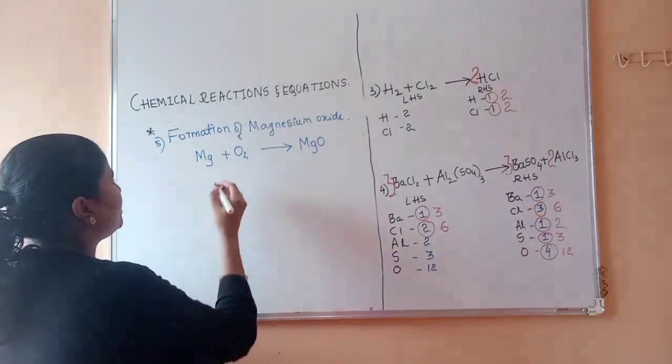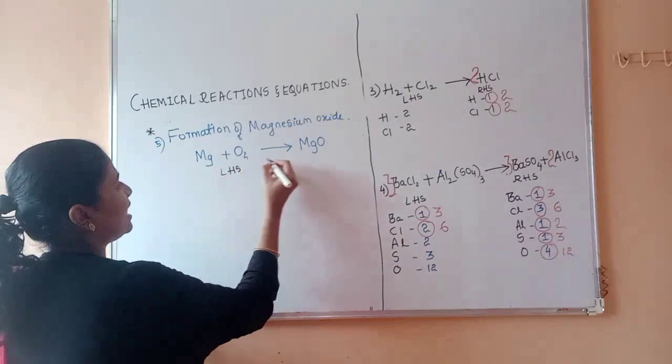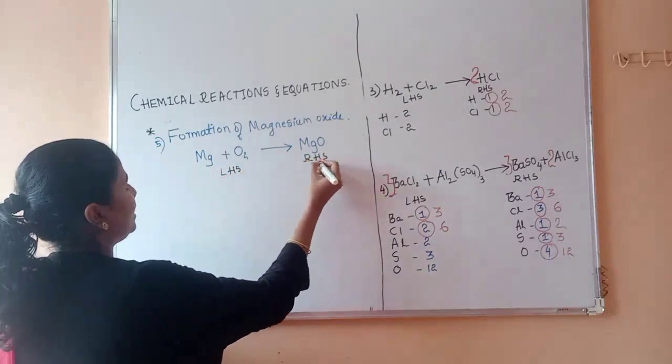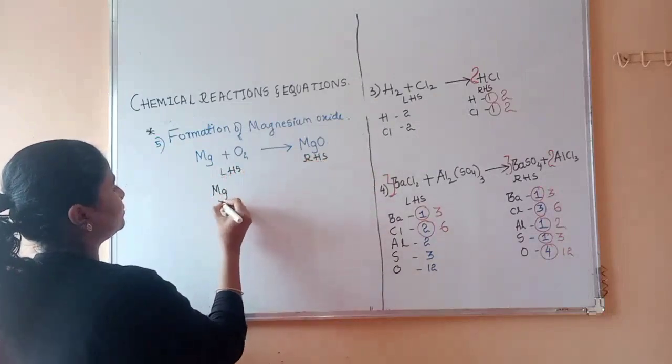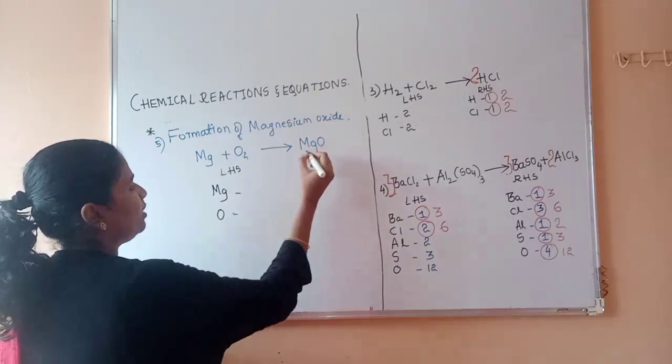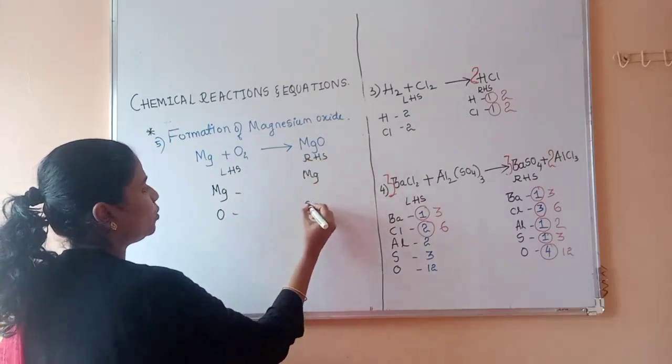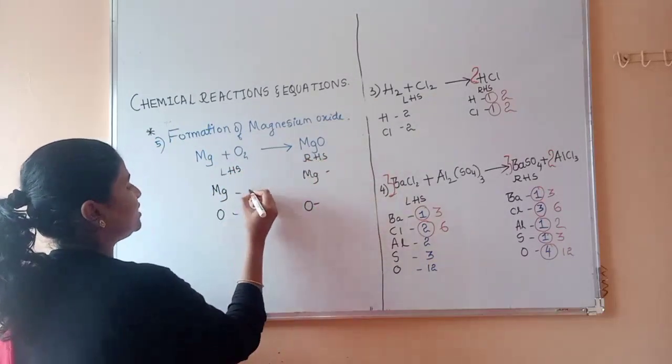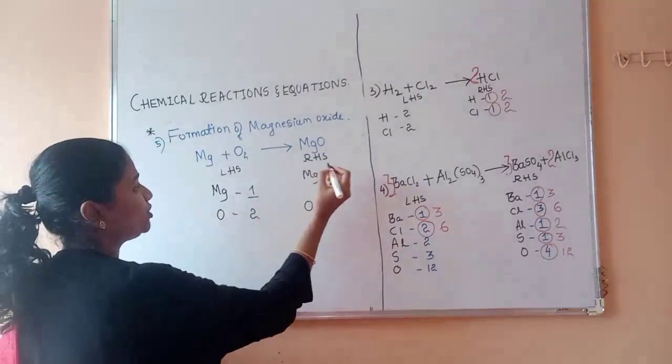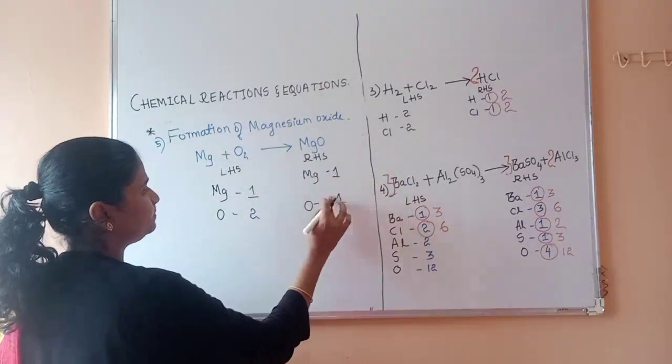Okay. So when you see here LHS and RHS, LHS magnesium O oxygen, RHS magnesium O oxygen. So here it is 1, here it is 2, here it is 1, here it is 1.